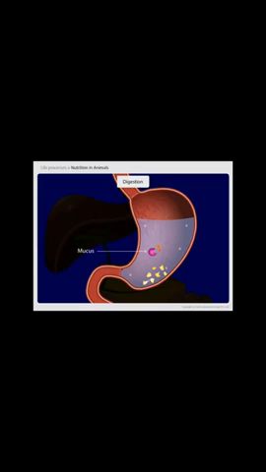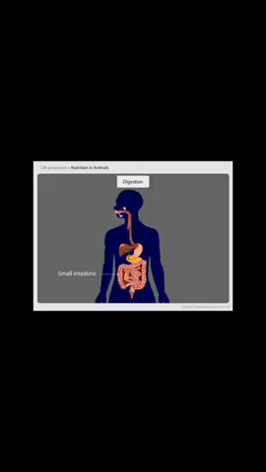Mucus provides protection to the inner lining of the stomach from the action of the acid under normal conditions. The partially digested food then goes from the stomach into the small intestine. This is regulated by a sphincter muscle which releases food in small amounts into the small intestine.